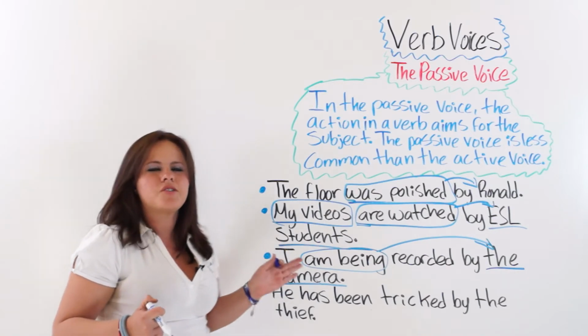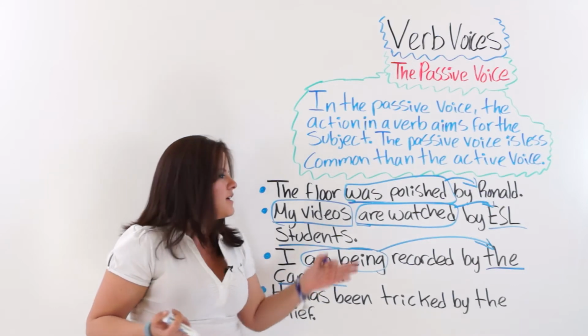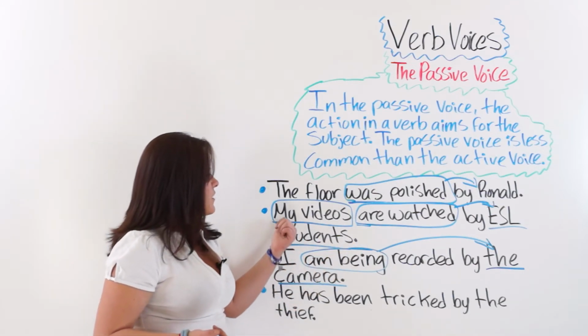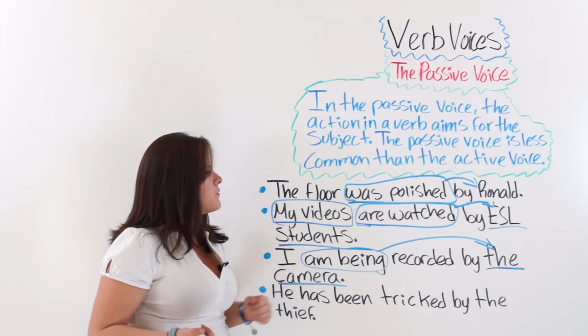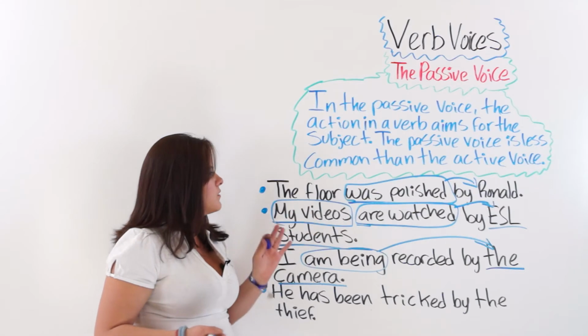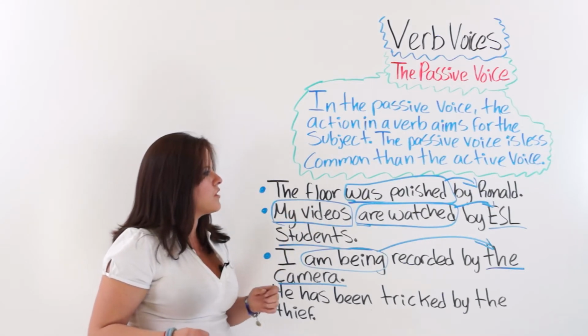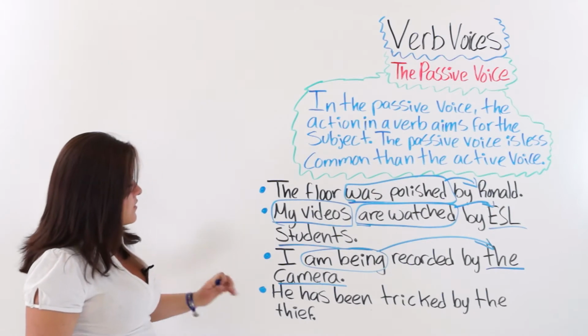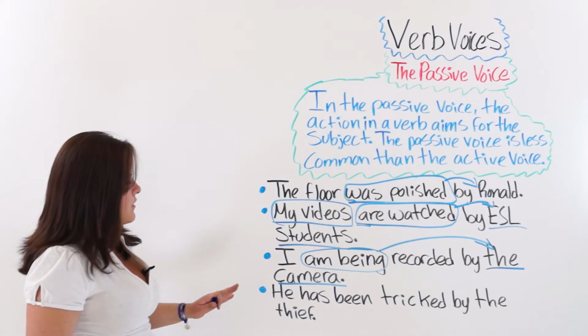If you were to change that into the active voice, you would say, the camera is recording me. Or in this case, you would say, ESL students watch my videos. Or you would say, Ronald was polishing or polished the floor. And the last one says, he has been tricked by the thief.